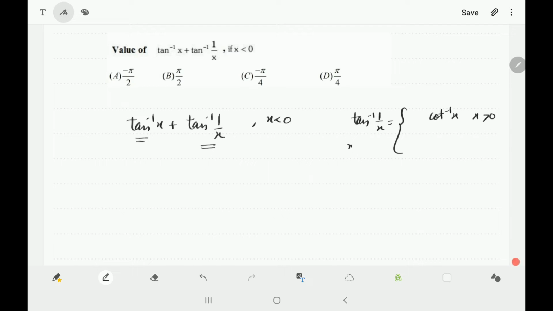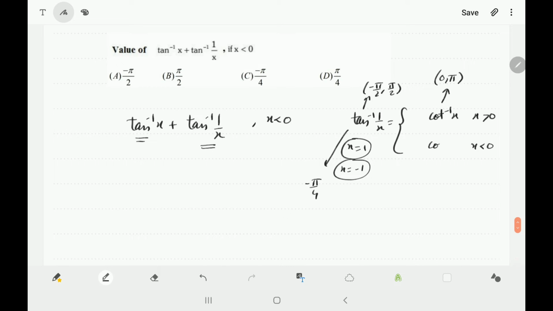Suppose I put x equal to 1. Tan inverse has principal value branch from minus pi by 2 to pi by 2, open interval, and cot inverse x has principal value branch from 0 to pi, open interval. For x positive, tan inverse 1 is pi by 4, and cot inverse 1 is also pi by 4. But for x negative, let's say we put x as minus 1, the left hand side will be minus pi by 4, and cot inverse of minus 1 is 3 pi by 4.